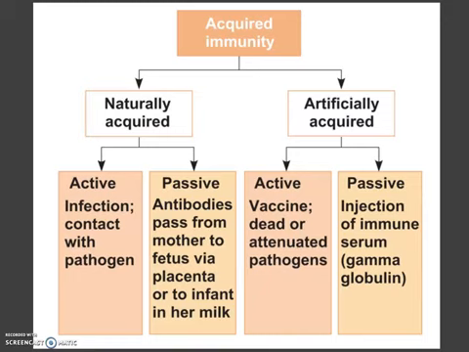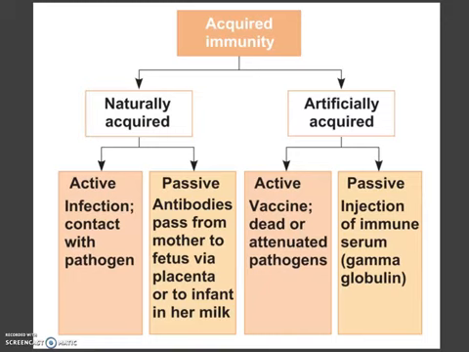Also, when a woman is breastfeeding her baby, antibodies that the mother produces are secreted in the breast milk. And so when the baby is drinking the breast milk, it's getting a naturally acquired passive immunity to that pathogen. This is not an immunity that's going to stick around for the rest of the baby's life, but it can keep the baby healthy for the time being.